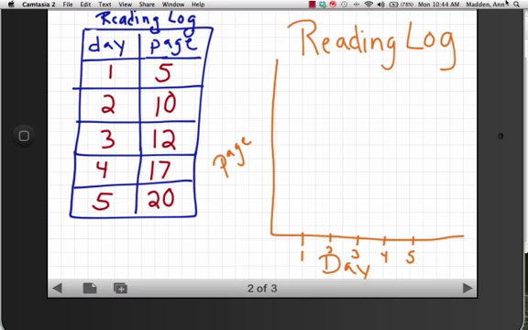Now on the pages here, it looks like 5, 10, 12, 17, 20. I'm going from 0 to 20, and I have to figure out what interval I would make. Maybe I'll make intervals of 2.